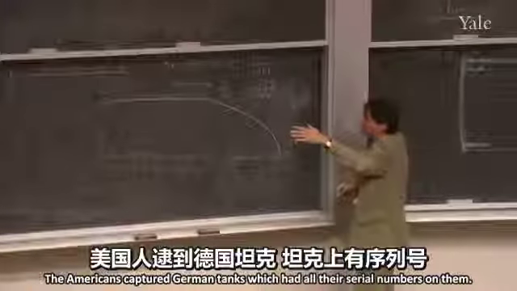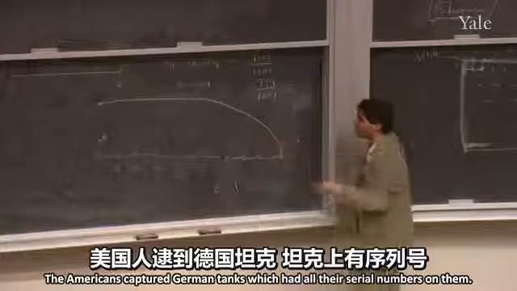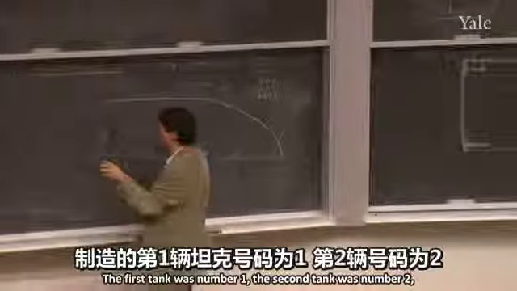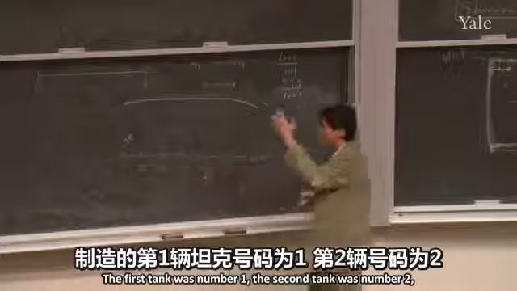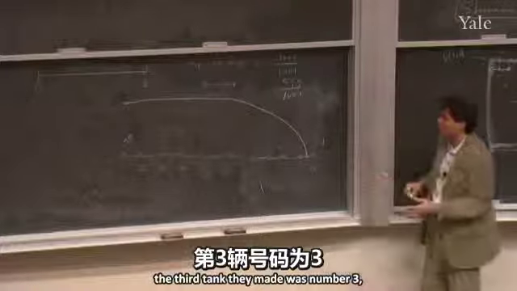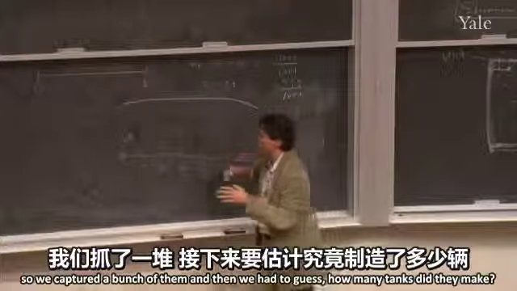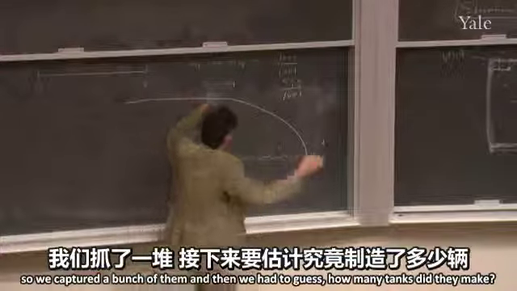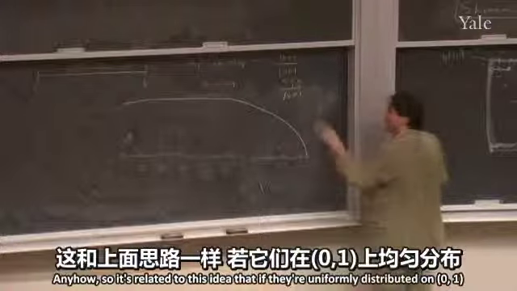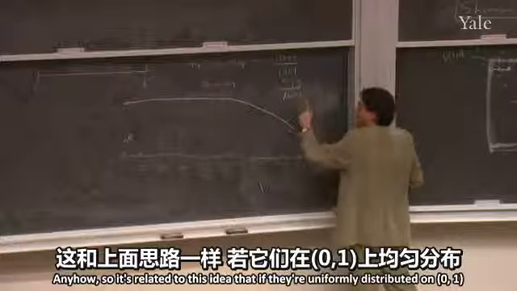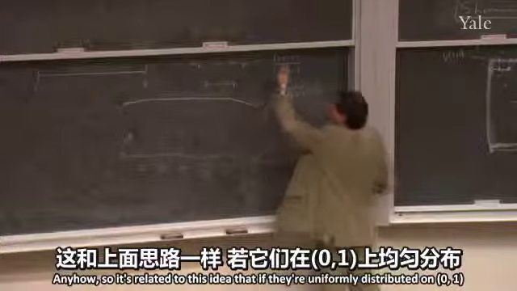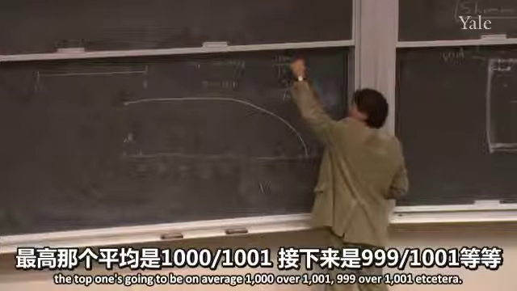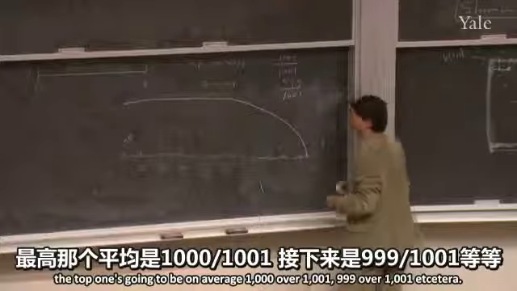The Americans captured German tanks, which had all their serial numbers on them. The first tank was number 1, the second tank was number 2, the third tank they made was number 3. So we captured a bunch of them, and then we had to guess how many tanks they made. Anyhow, it's related to this idea that if they're uniformly distributed on 0, 1, the top one's going to be on average 1,000 over 1,001, 999 over 1,001, etc.